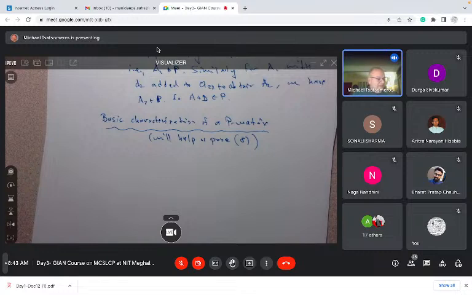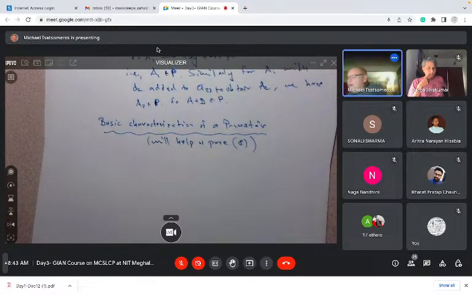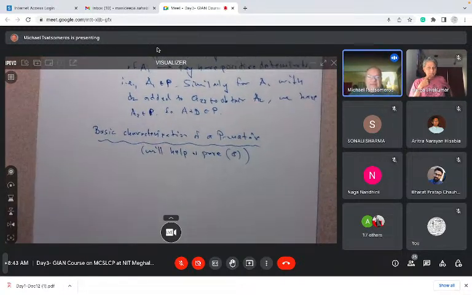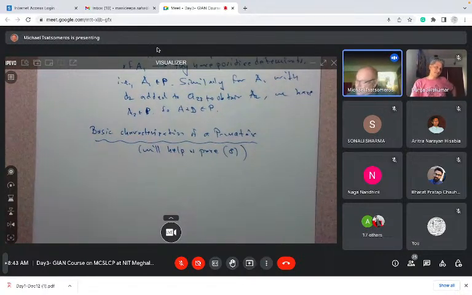This basic characterization of a P matrix is the most effective one when you work with P matrices, in my opinion. Not that it's easy to check because it involves every real vector, but it gives you a geometric idea, if you want, as to what P matrices are.